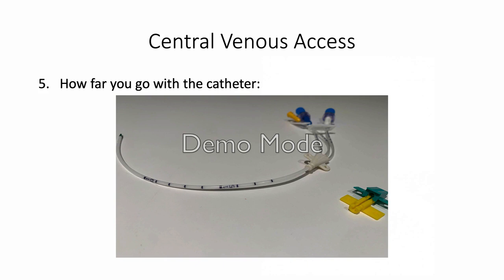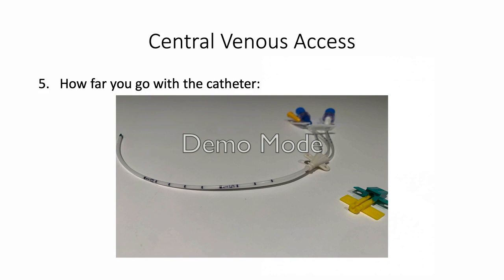The fifth one, how far you will go with your catheter. In general, for the right-sided internal jugular vein, you should go around 15 centimeters. Over the left internal jugular vein, you should go around 17 or 18 centimeters.